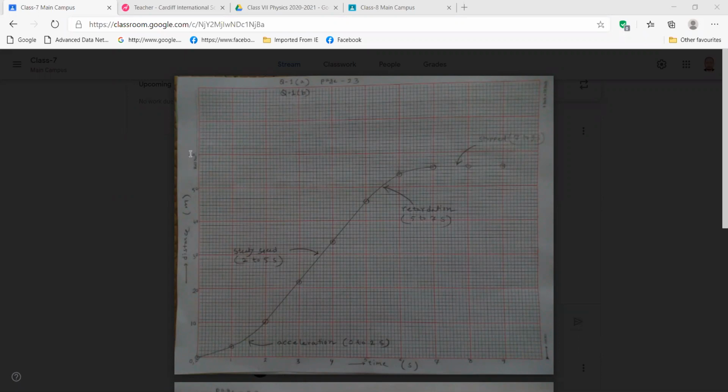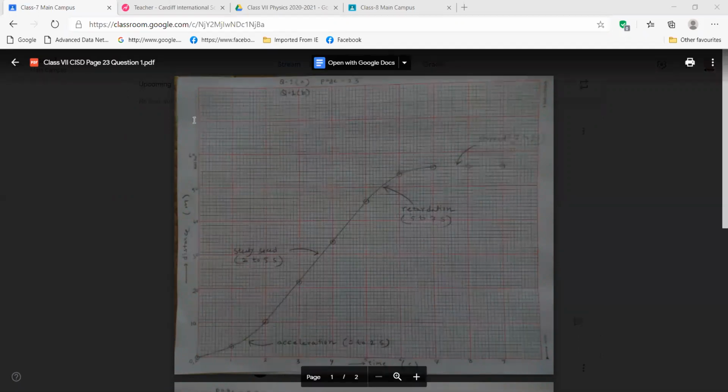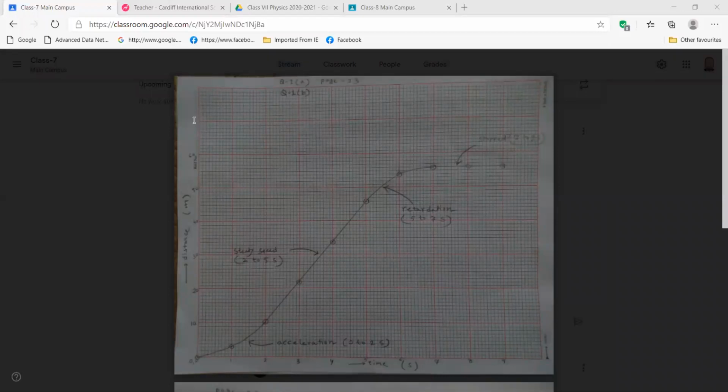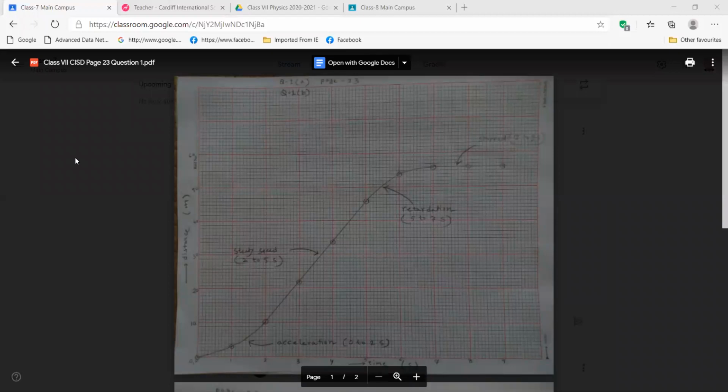But there is one condition: your plotting or your points should cover more than half of the graph in the x-axis and y-axis. Can you send me the picture of your graph paper in the messenger group? Then I can see. Send it quickly.